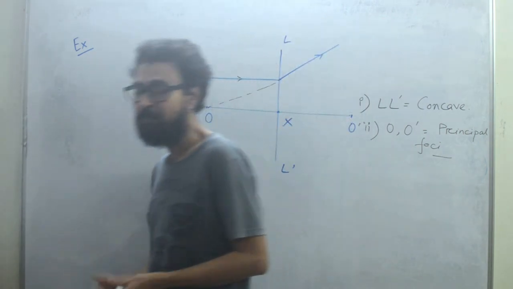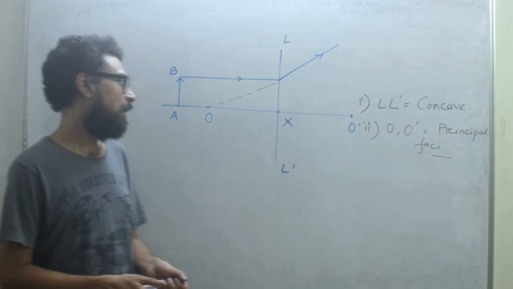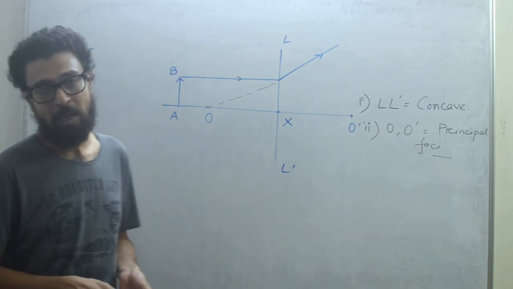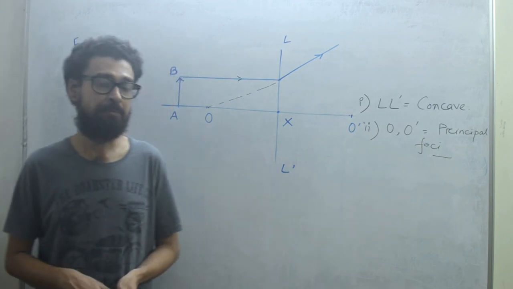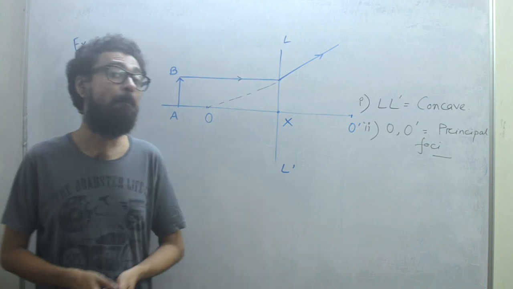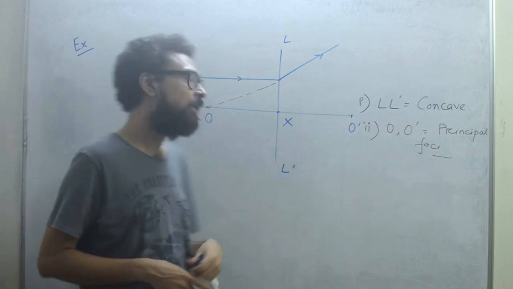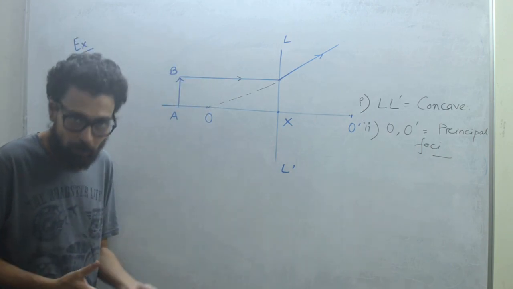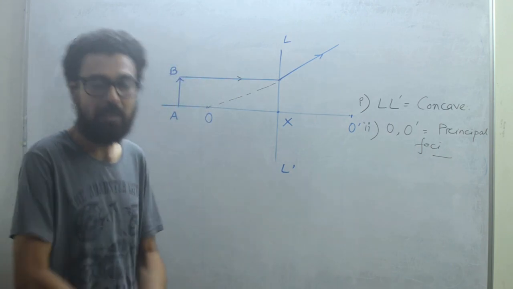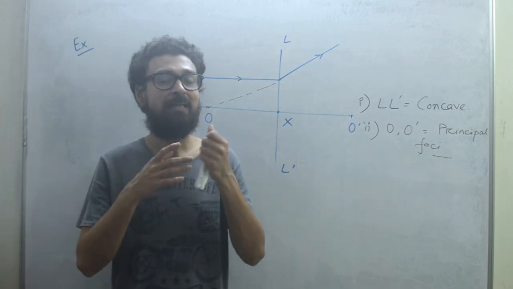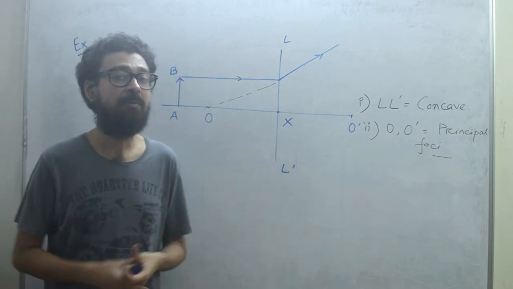Now finally, they have asked us to complete the ray diagram and mark the position of the image thus formed. As I have shown you already, in a concave lens we always have a virtual image.